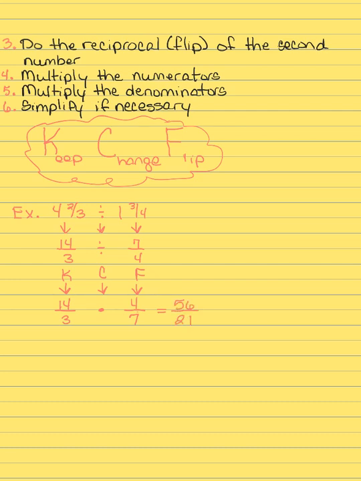So we multiply numerator times numerator and denominator times denominator. And we have an improper fraction. So we're going to change that back to a mixed number. We're going to divide our numerator by our denominator.